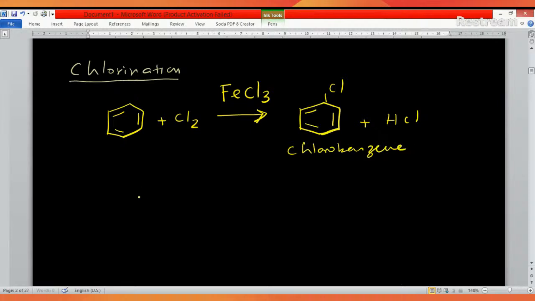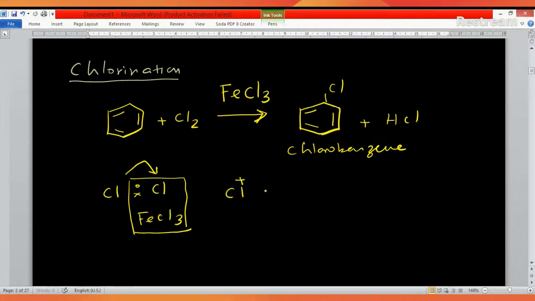And what's the mechanism behind that? Chlorine, we know, is a covalent molecule with a shared pair of electrons. When it is in contact with ferric chloride, the ferric chloride behaves like a halogen carrier that takes up Cl in the form of Cl minus. Both the electron pairs are taken by the Cl. Heterolytic cleavage takes place, due to which the other Cl is carrying plus.